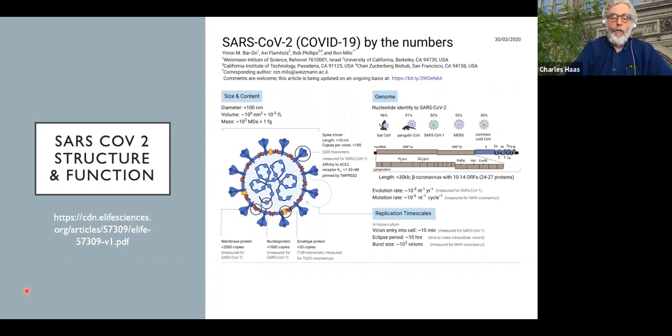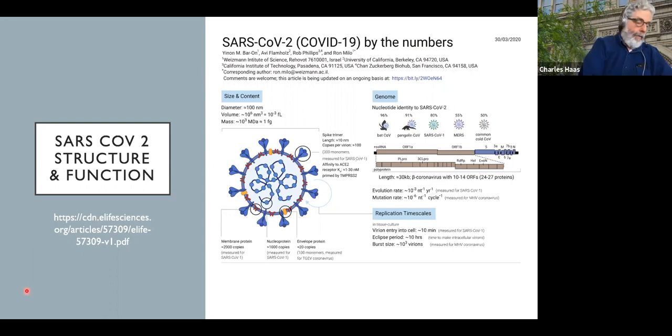Those blue spikes on the outside represent proteins that are responsible for attaching to cells that they're ready to infect. There is protein in the outer layer of the virus that helps protect the interior material. And then the wound up material in the interior of that ball is the single-stranded RNA.